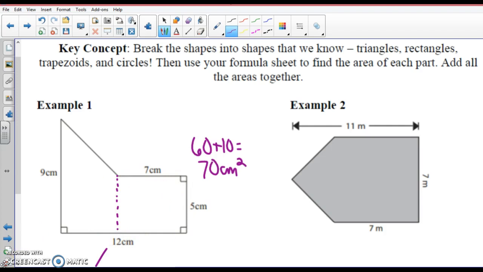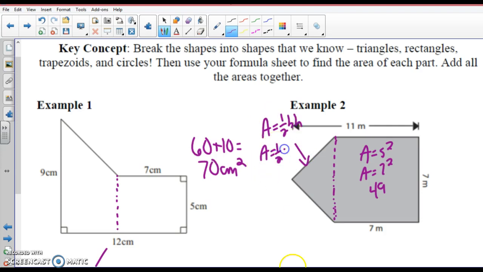All right, over here. I'm going to split this right there. And I've got a square here. Area is side squared. So 7 squared is 49. Now this triangle, area is 1/2 base times height. So 1/2 times. The base of this triangle is going to be 7.